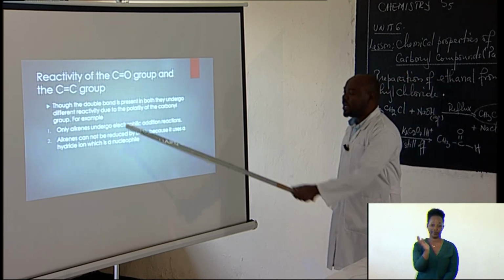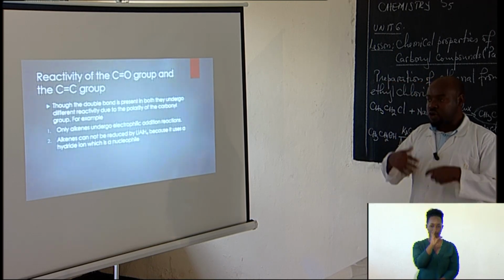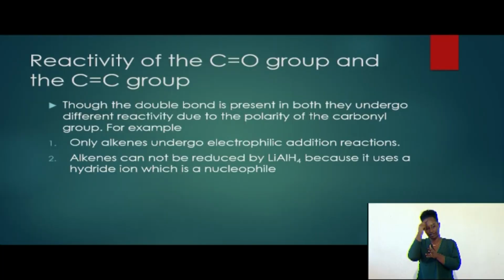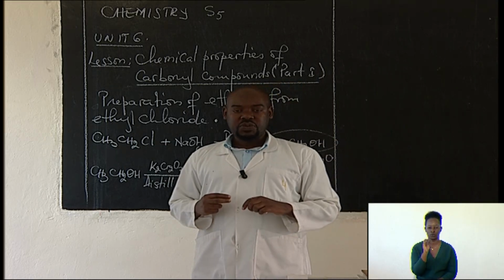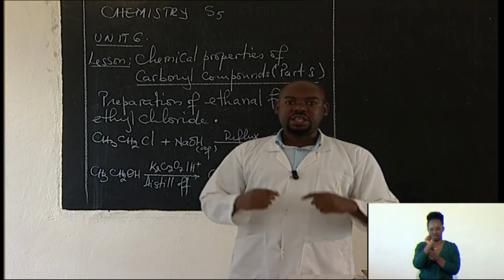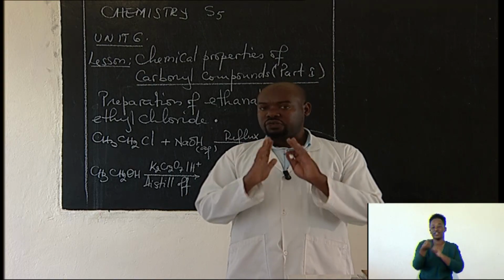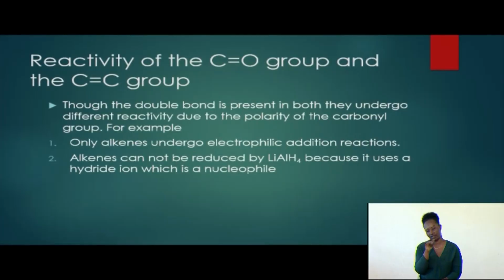So you should not be confused and think that because we have some pi electrons and sigma electrons in both groups, they will undergo the same type of reactions. The reactions are quite different because of the polarity of those two groups. So here we have some examples.